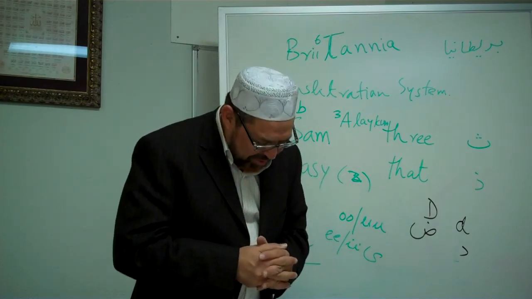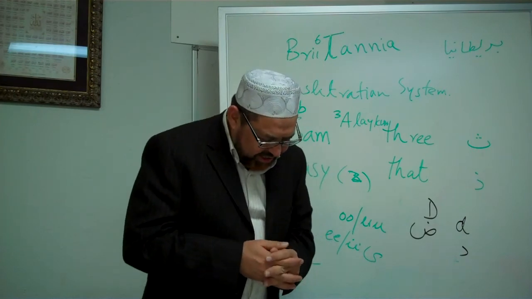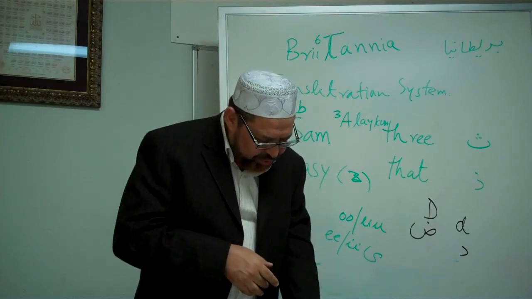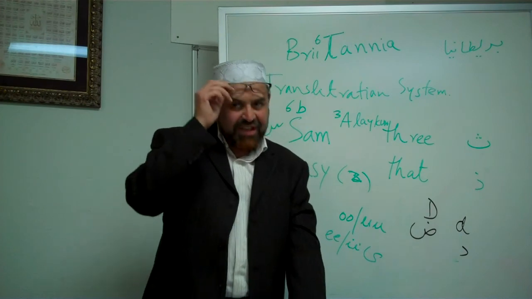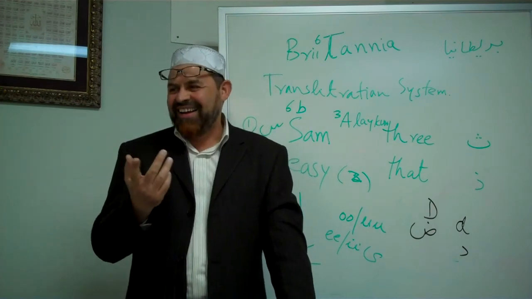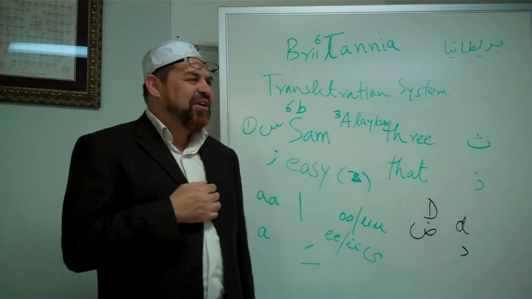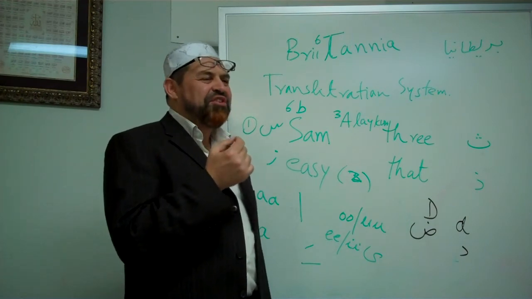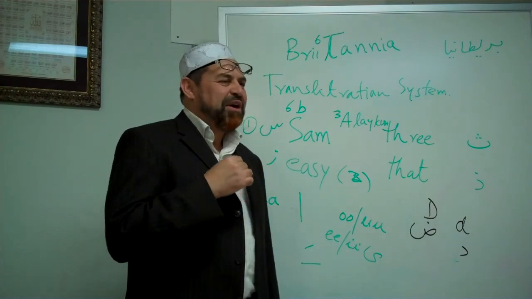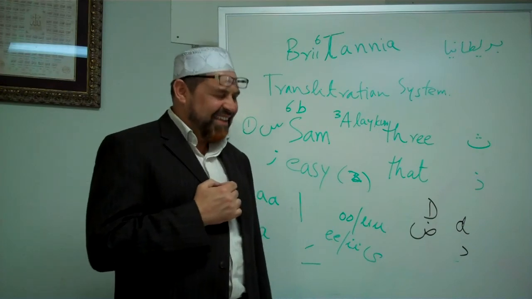Then we have the letter Ain, a sound produced deep in the throat. Ain is a guttural letter, and it is very peculiar and very special to Arabic. We need practice of this letter Ain.